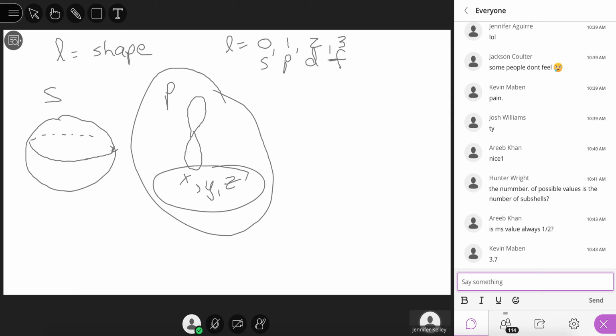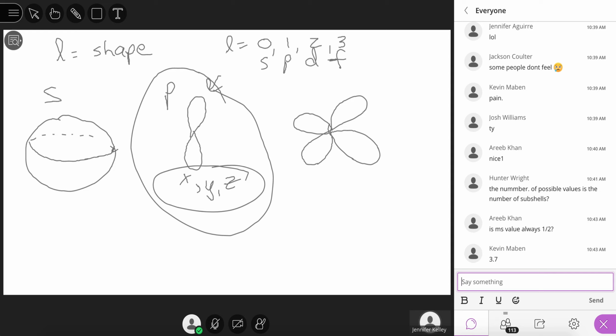Now, the D, instead of being shaped like a figure 8, is shaped more like a 4-leaf clover for 4 of them. And that goes in all of the different axes. So you've got an XY, an XZ, a YZ.